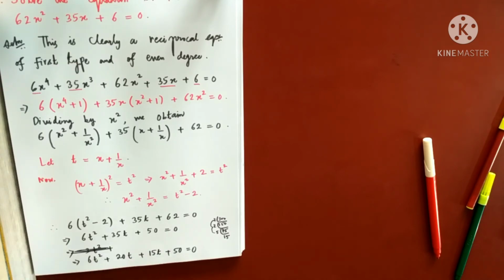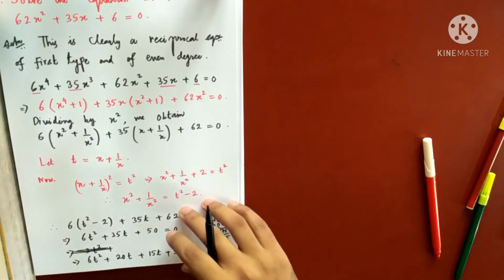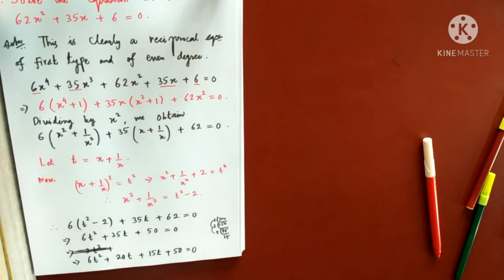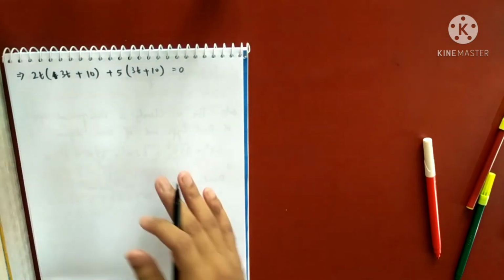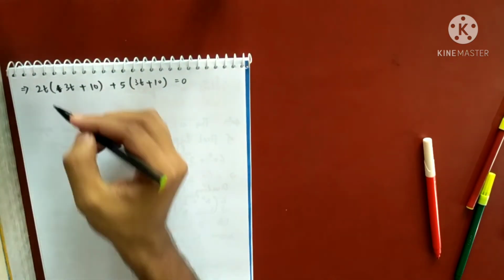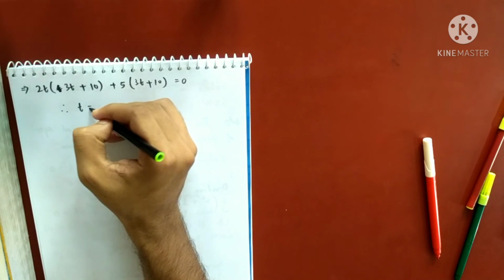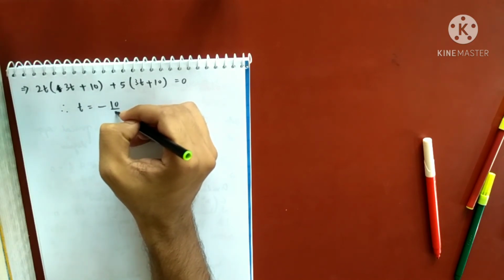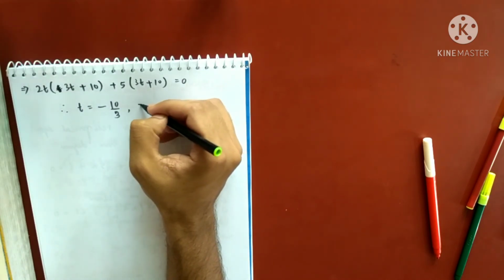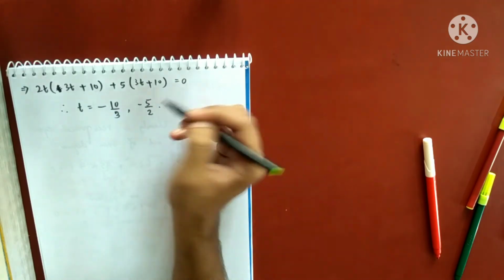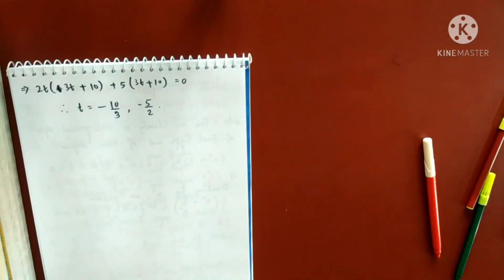From the first two, what is common? t is common and 2 is common. Please do it by yourself. So you'll get like this, and let's solve this. This is very simple. So t equals minus 10 by 3 or minus 5 by 2. These are the values of t that I have obtained.